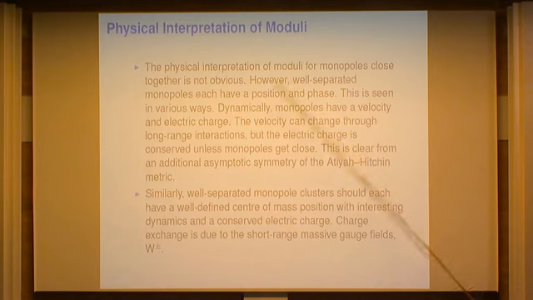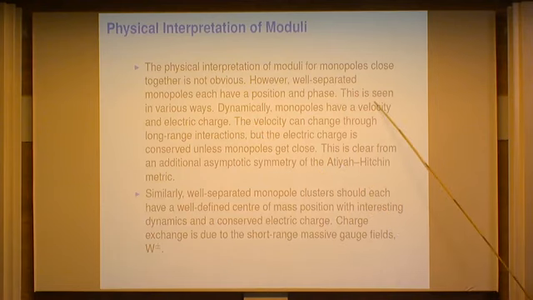However, well-separated monopoles have a definite position and phase. Monopoles are a finite size, so you've got a monopole here, it's got a position and it's got a phase, which gives it an electric charge, and there's another monopole here, and so you can now treat the moduli as positions and phases when they're well separated. And there are various ways of understanding these positions and phases, for example, in terms of rational maps and their poles and residues.